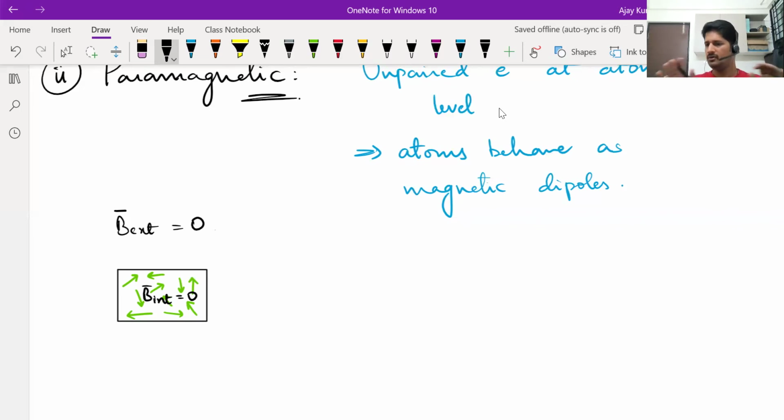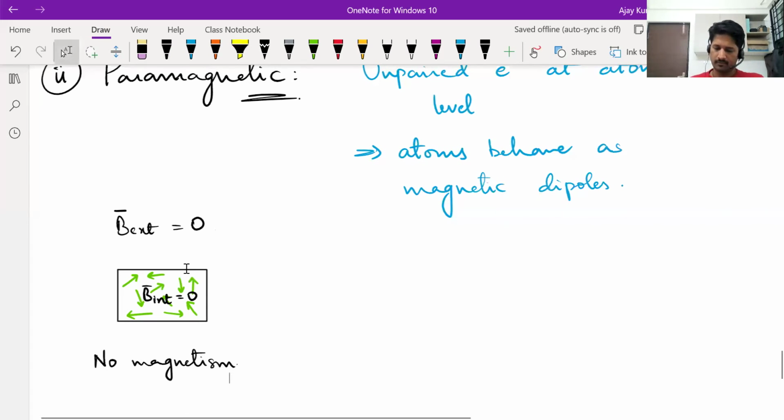The object as a whole will not exhibit any dipole moment. It will not behave as a magnet. So when the external field is zero, there is no magnetism. Now, suppose we switch on an external field, let's say to the right.